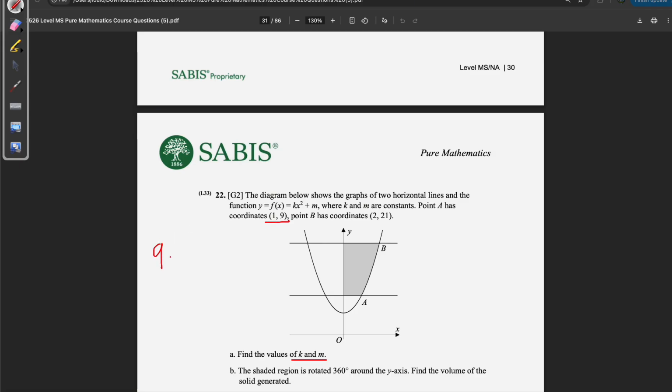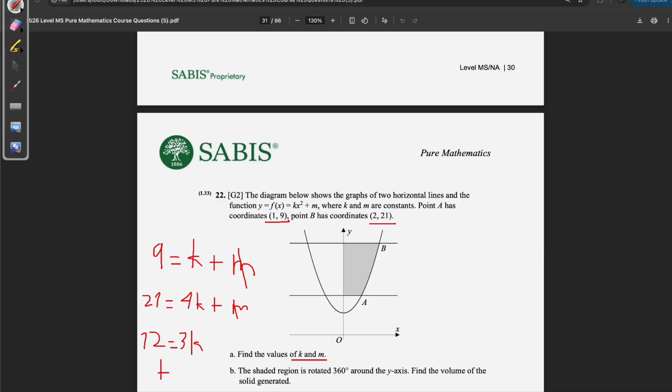So 9 is equal to k times 1 squared, which is k, plus m. And then for the other point, 21 is equal to 4k, because 2 squared, plus m. We can subtract both sides, m cancels. 21 minus 9 is 12, equal to 4k minus k, which is 3k.